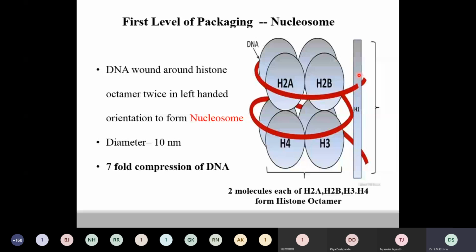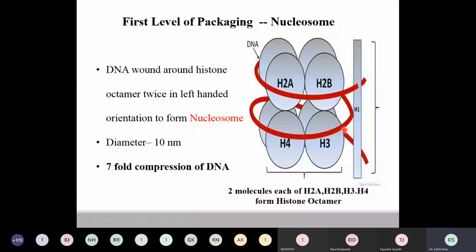DNA is wound twice in a left-handed orientation around this histone octamer to form the nucleosome, which is 10 nanometers in diameter. By doing this, the DNA is compressed 7-fold. So this is the first level of DNA packing, that is, the formation of nucleosomes.